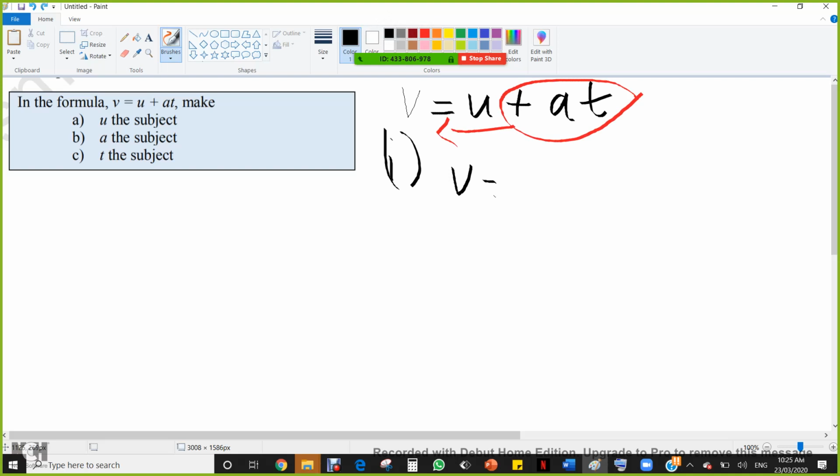When AT goes across, it will be V minus AT is equal to U, or we can say U is equal to V minus AT. And we just made U the subject of the formula. Any questions about that so far? No. Okay, let me do number 2.